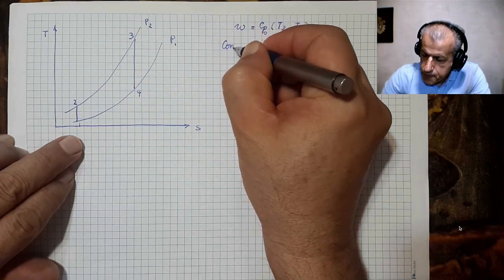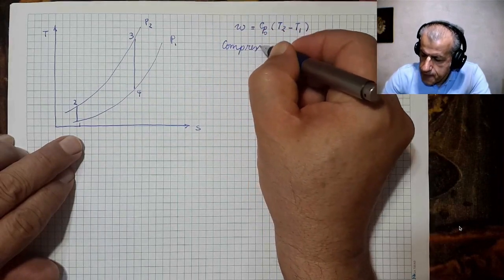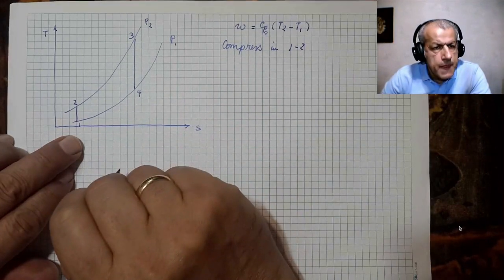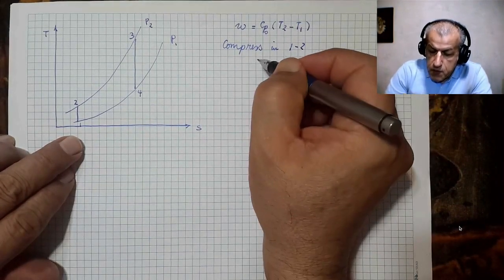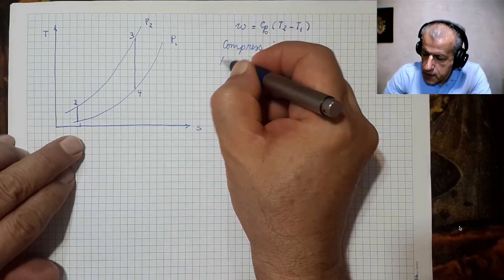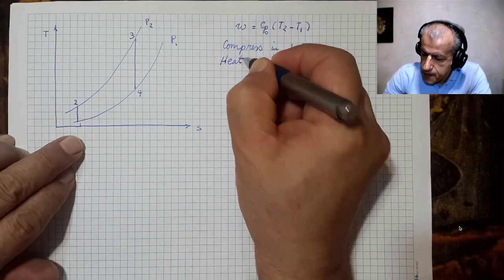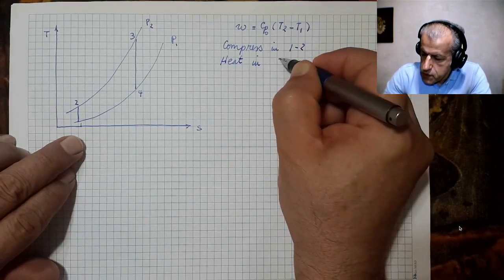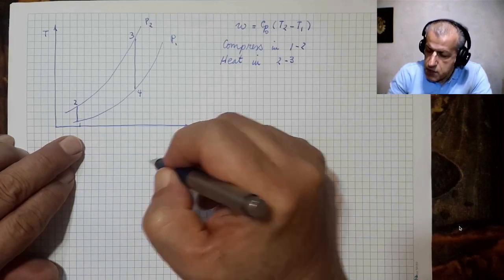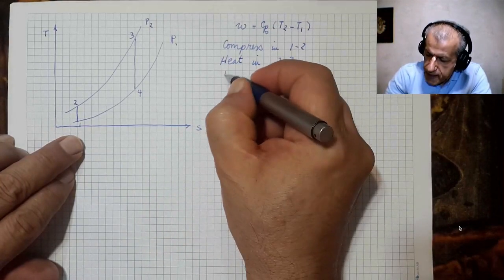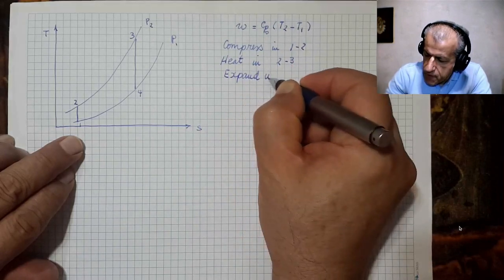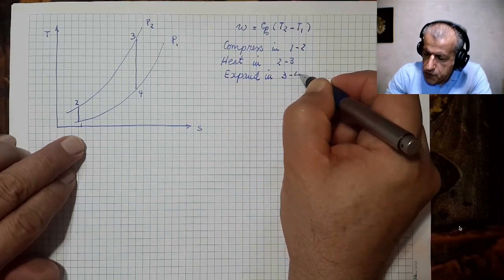So what do we do? We compress in 1, 2. Then we heat in 2, 3. And then we expand in 3, 4.